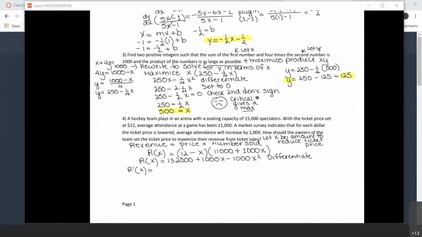The second term just gives me its coefficient. And the last term is where I get the interesting stuff. Bring down the 2, multiply the 1,000, and drop the exponent by 1. Okay, set R prime of X to 0. Again, everything's a polynomial. Don't need to worry about undefined derivatives.